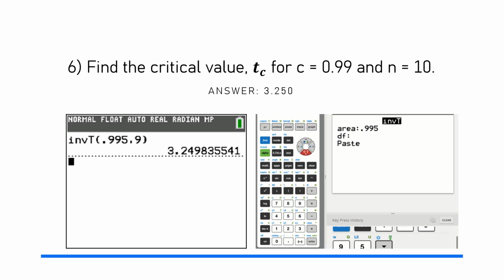So I have 0.995. And the DF, the degrees of freedom, well, since my n is 10, my degrees of freedom is 1 less than that, so that will be 9. So there is my critical value, and I will round accordingly.